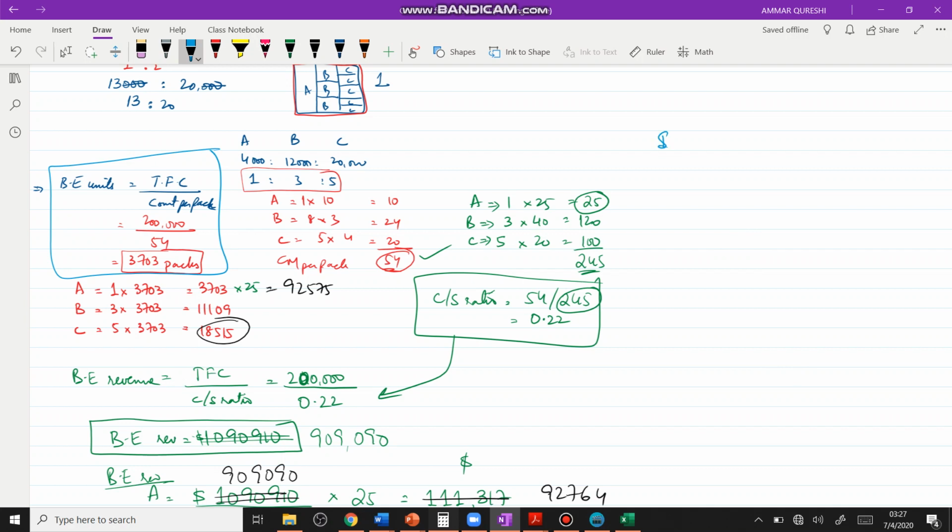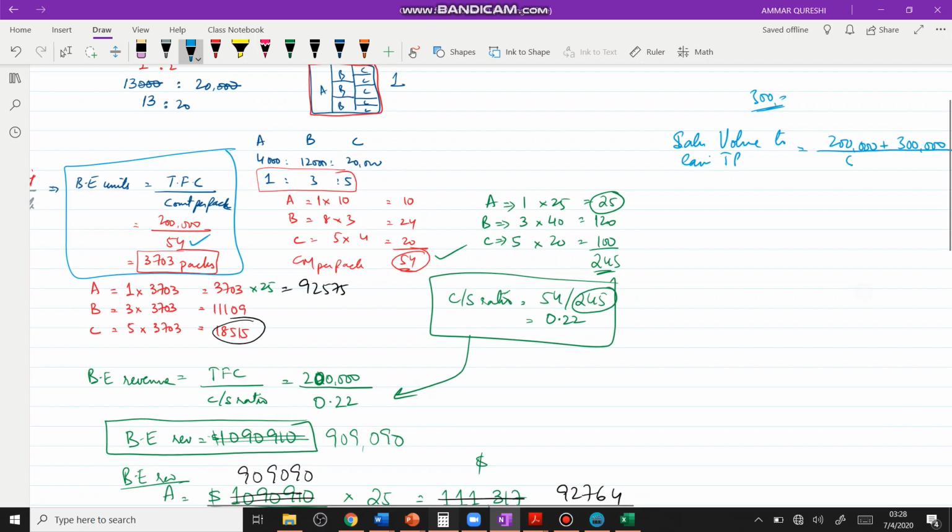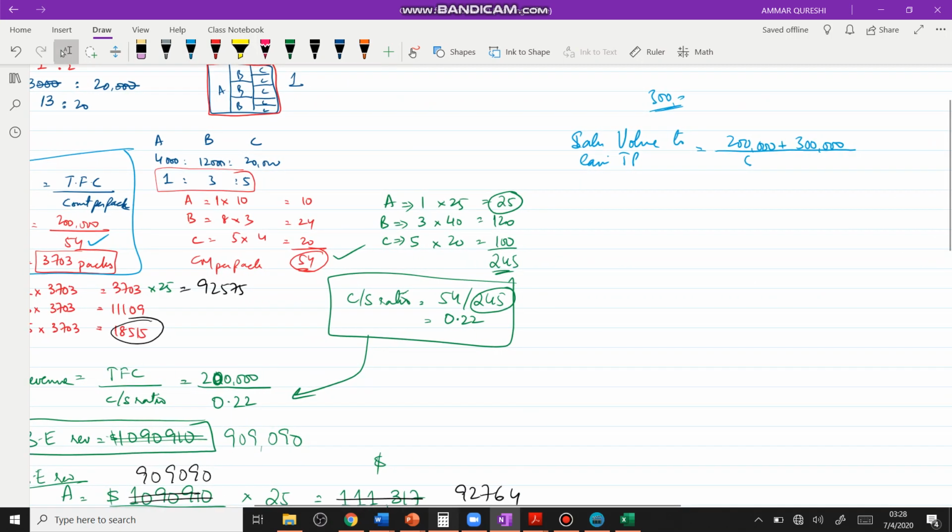Fixed cost is 200,000, plus 3 lakh. Whatever figure you want, just add it in the numerator and divide it by 54. It is completely the same working as in break even, right?